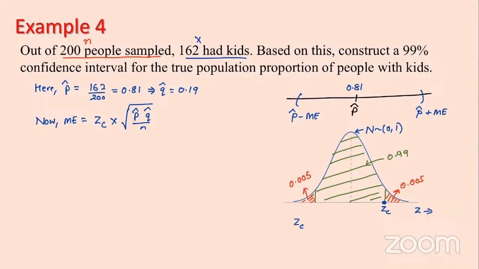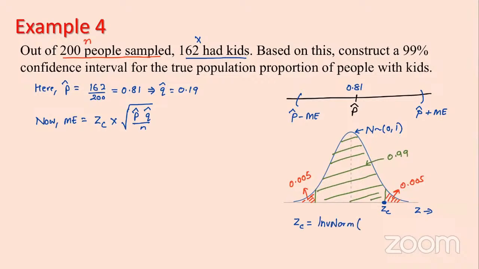Z critical is the value along the x-axis. So in a normal distribution, look at the board. If you want to find the value along the x-axis, do you use normal CDF or inverse normal? Inverse normal. Okay, we use that inverse normal.